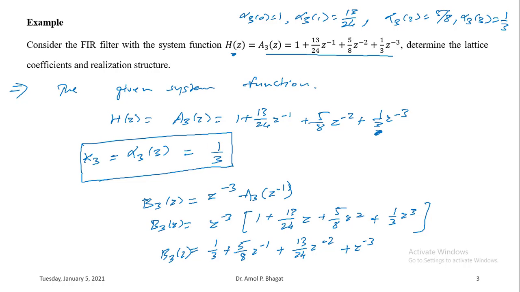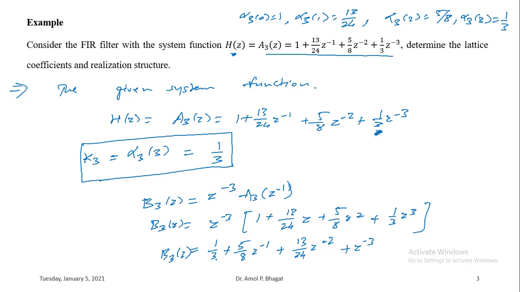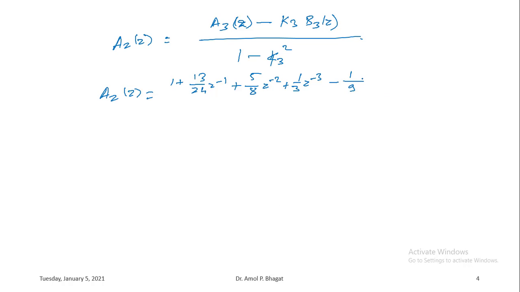So k3 value is 1 by 3, so minus 1 by 3 multiplied by this complete equation, that is b3 of z. Okay, so it will be minus 1 by 9. Okay, so k3 is 1 by 3 multiplied by this 1 by 3, so it will be minus 1 by 9.